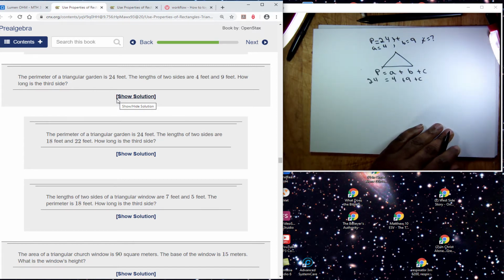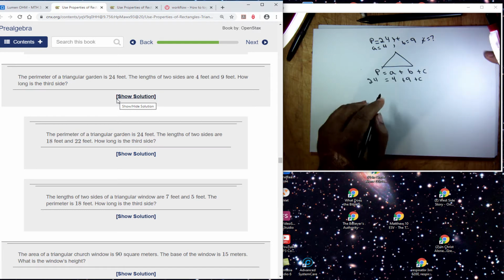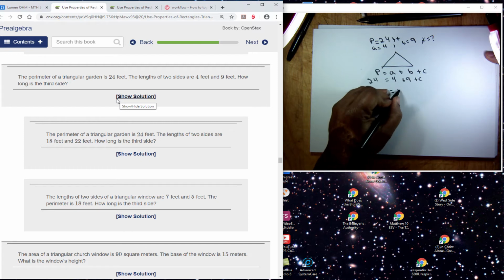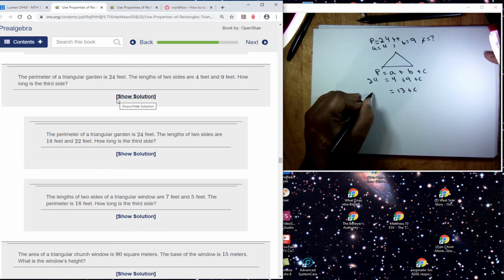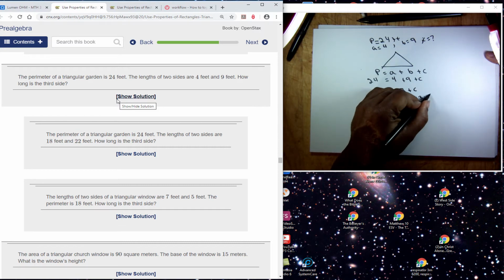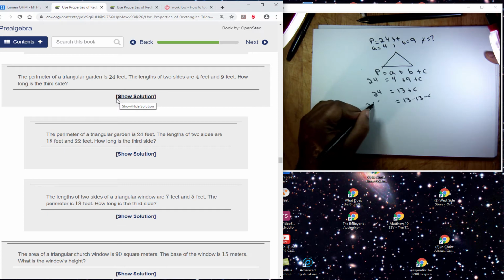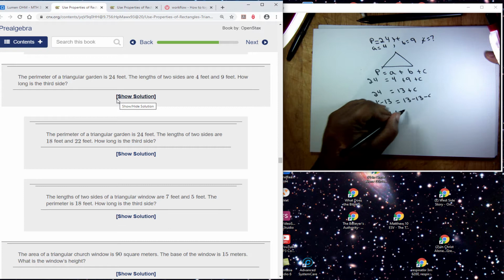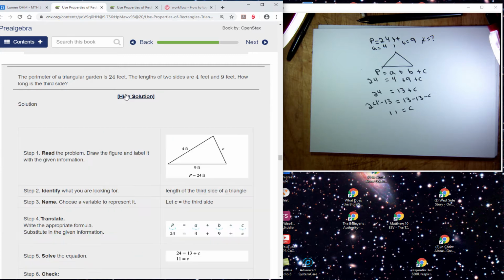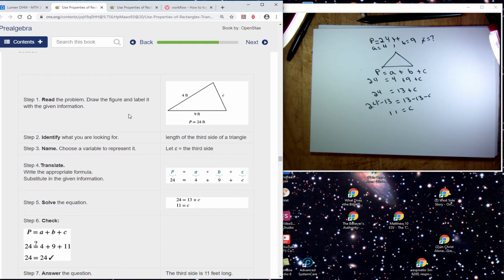So we can solve for C. 4 plus 9 is 13, plus C. So I'm going to subtract 13 from both sides. 24 minus 13 is 11. So C is equal to 11.